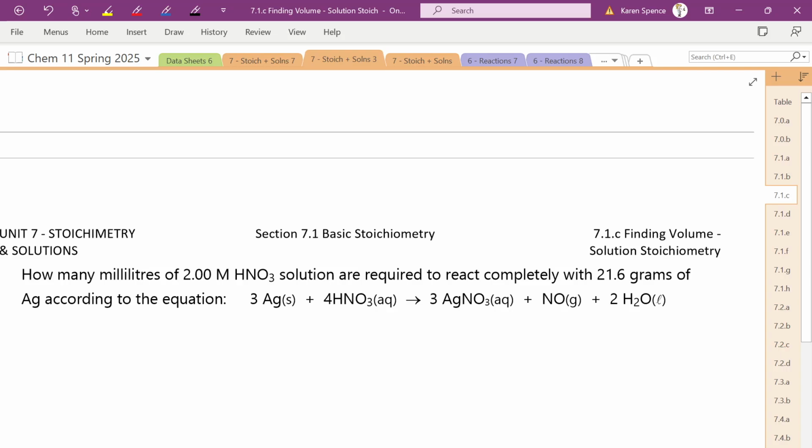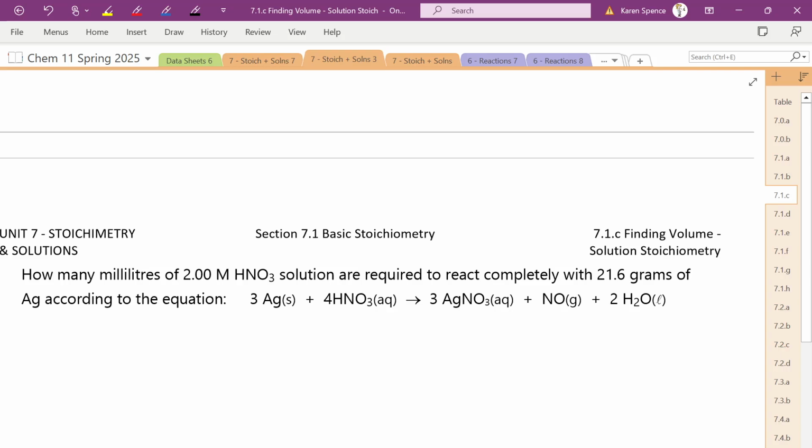And now we have the formulas and charges. Okay, so who is your known substance? Who do you have information about? Hydrochloric acid.